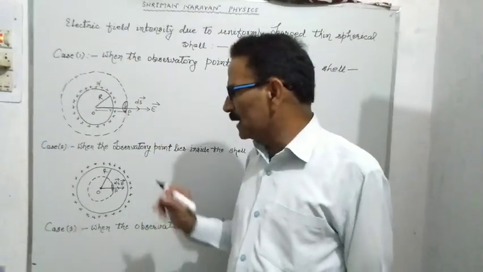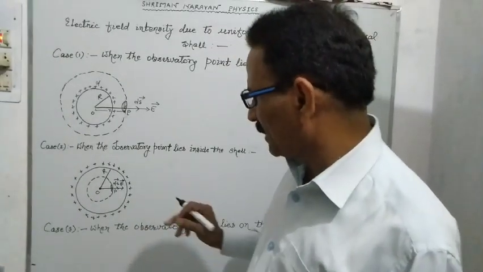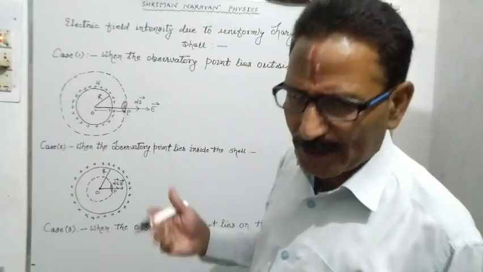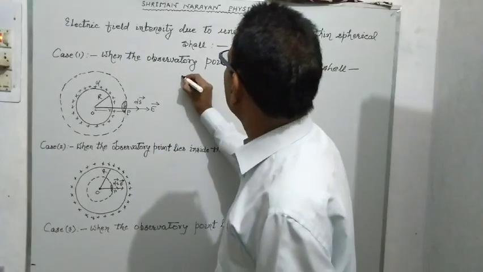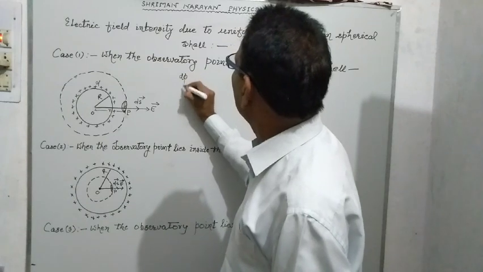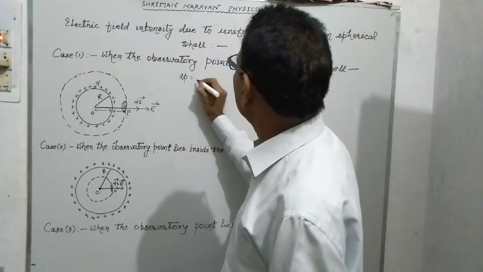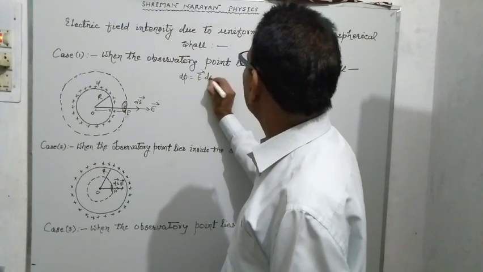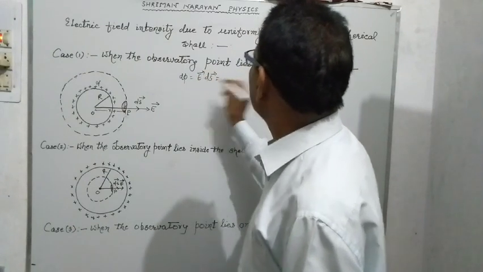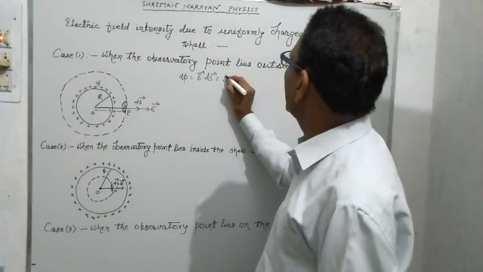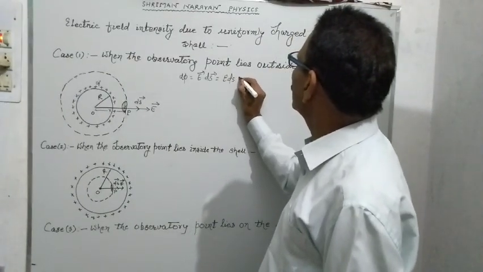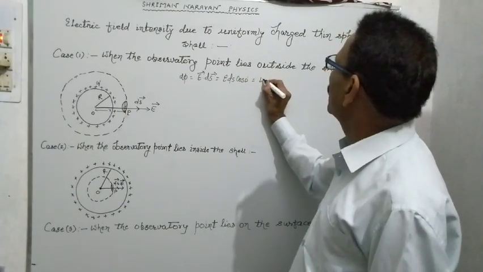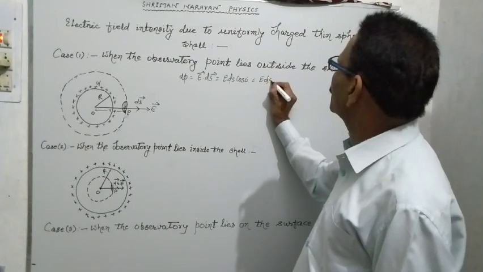So let us now calculate the electric flux associated with this elementary area. Proceeding in a similar way, we can write d phi equals vector E dot dS, and since the angle between E and dS is 0 degrees, we write E dS cos 0 degrees. Cos 0 is 1, so it will be E dS.